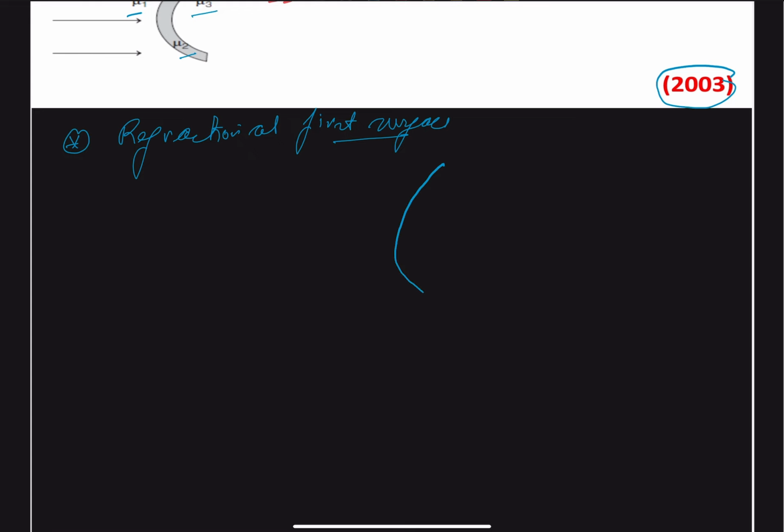If we consider only the first surface, the diagram will be something like this. The ray of light is coming parallel, and let us suppose this is the axis, the other ray of light is coming from the other end, and at the first surface it is obviously going to refract, and suppose this is the normal, so it is going to refract in this direction, something like this, and same at the other end also.